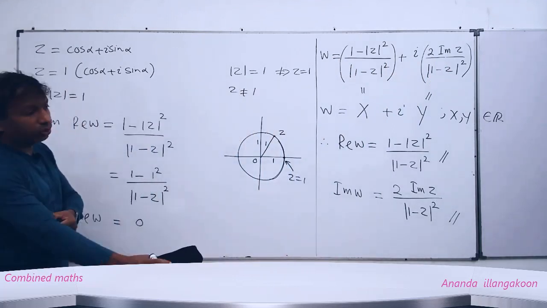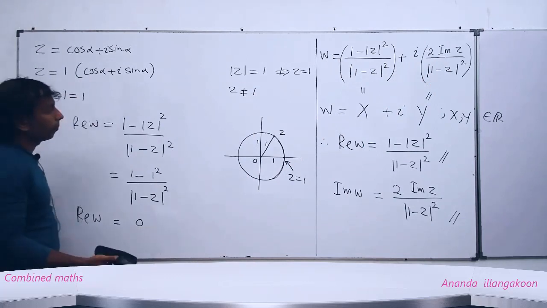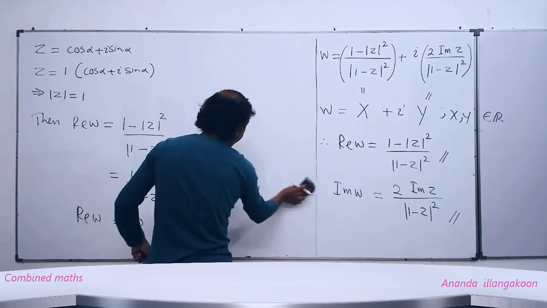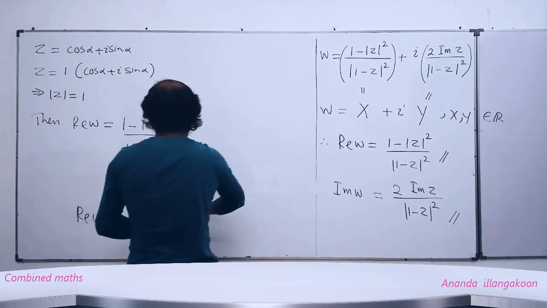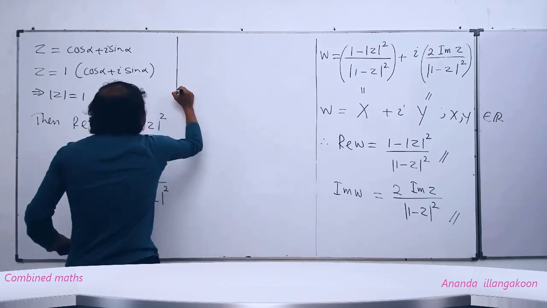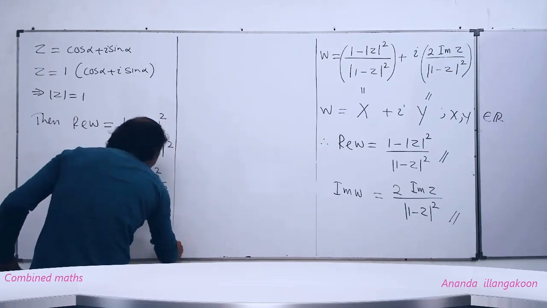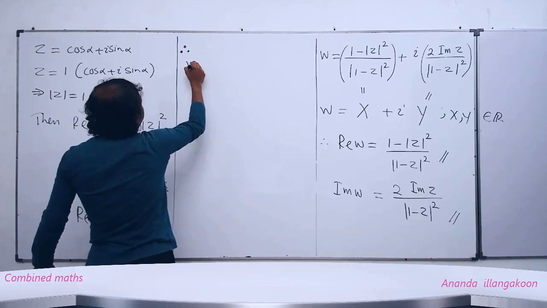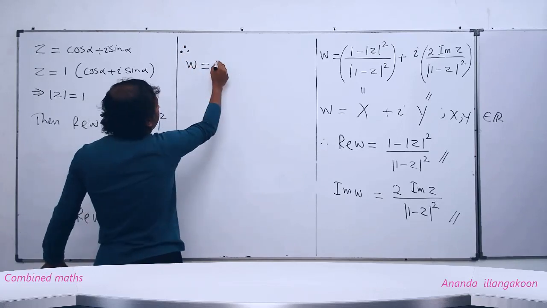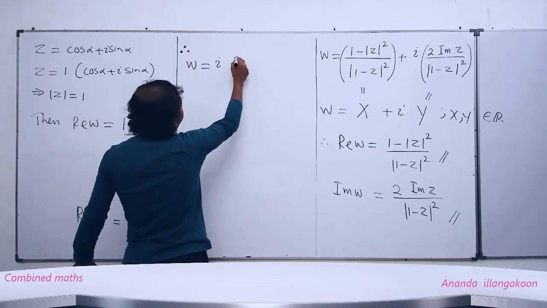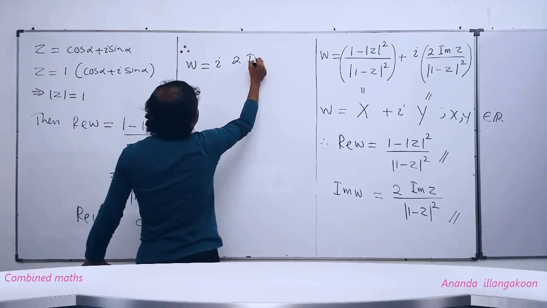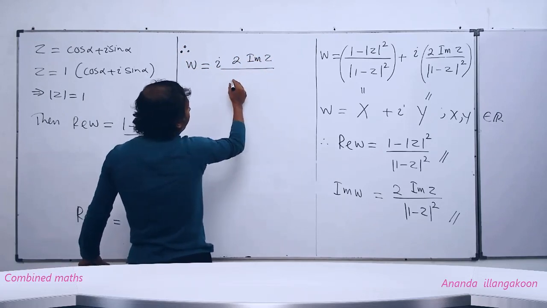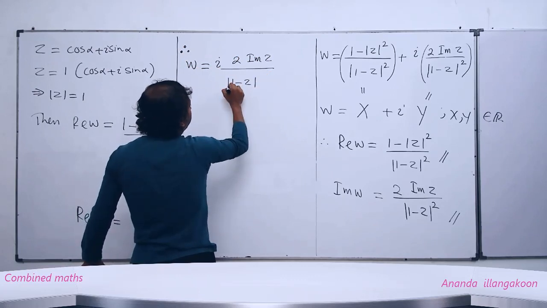We can write this W as i times 2 imaginary part of z divided by 1 minus z mod squared.